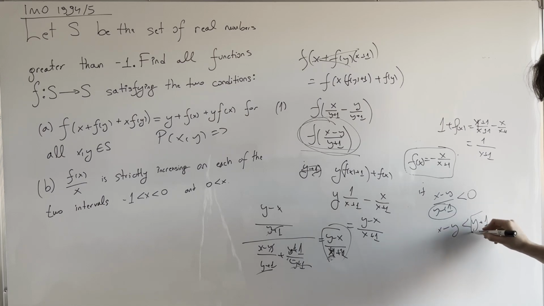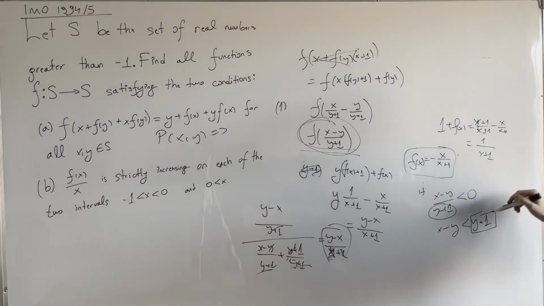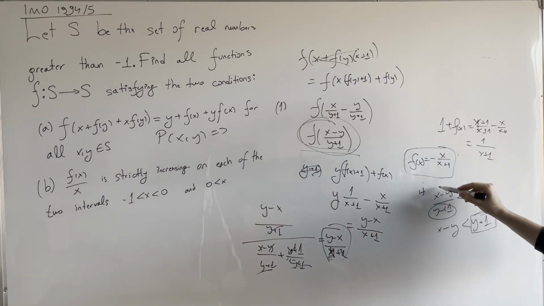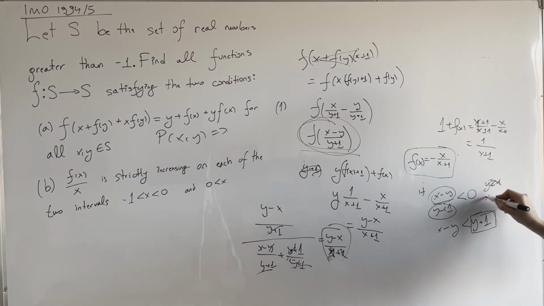Wait, but this is positive. Wait a second, am I losing sense here? This is positive. If this is less than 0, then this is negative. That means y is less than x. Actually, no, it means x is less than y.